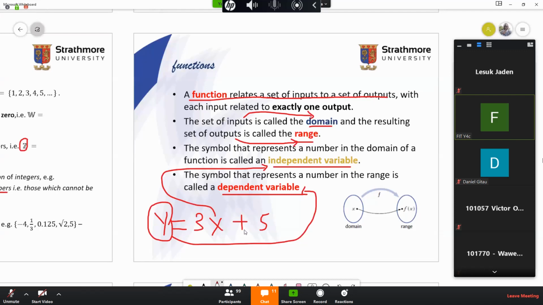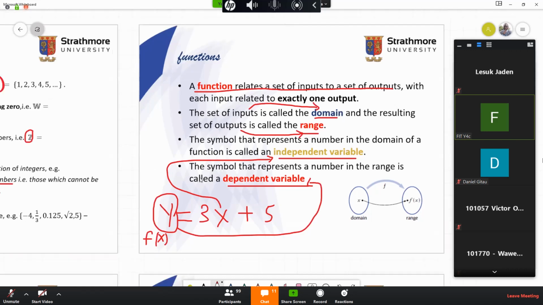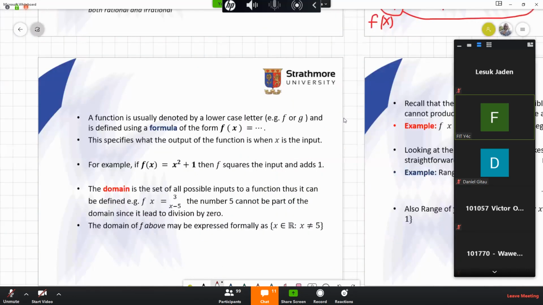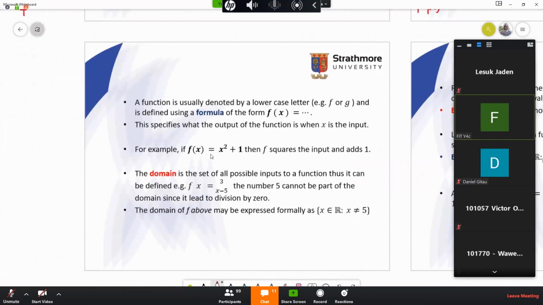So instead of y, sometimes we just write the function of x, f(x), like this. We can use any letters, but x and y are very famous. So we know the dependent and the independent variable. That's going to be important, especially next week as we start on something new.